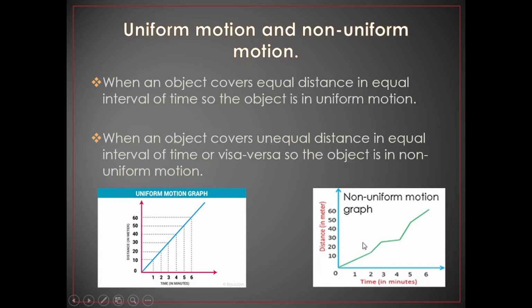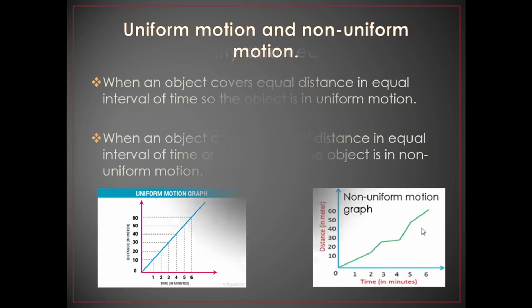The distance covered is 20 meters, and the time taken is more than 2 seconds and less than 3 seconds. So this is a non-uniform motion graph.